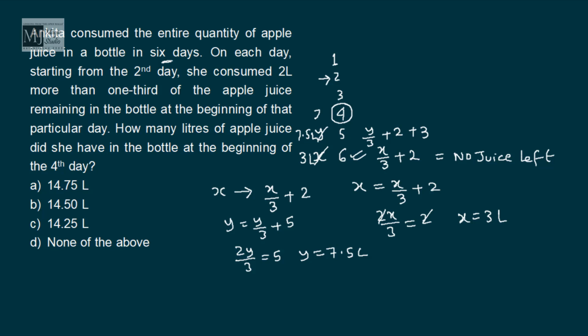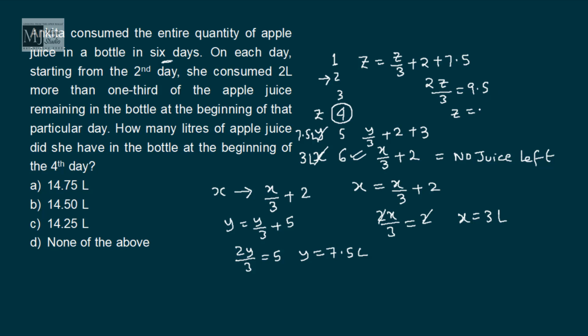Similarly, let Z be the volume of the juice at the beginning of the fourth day. Then Z should be equal to Z by 3 plus 2 plus 7.5. 2Z by 3 is 9.5.